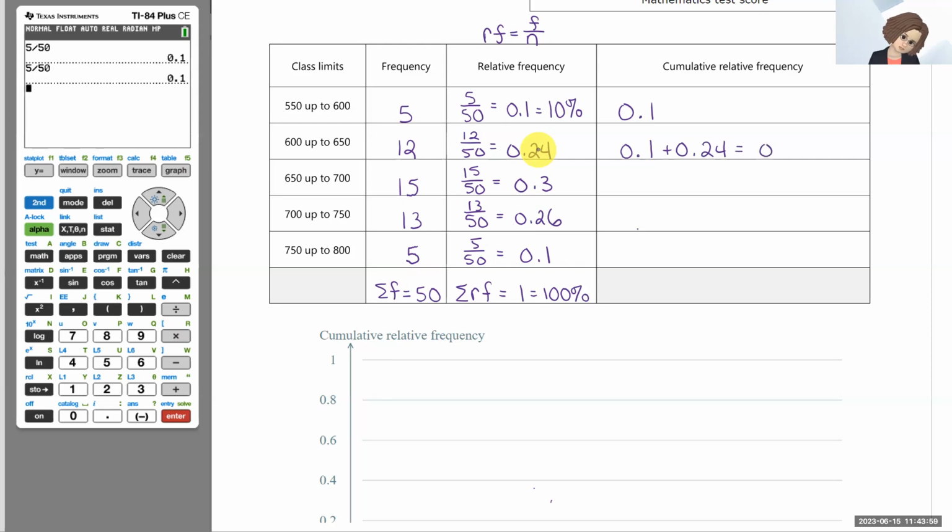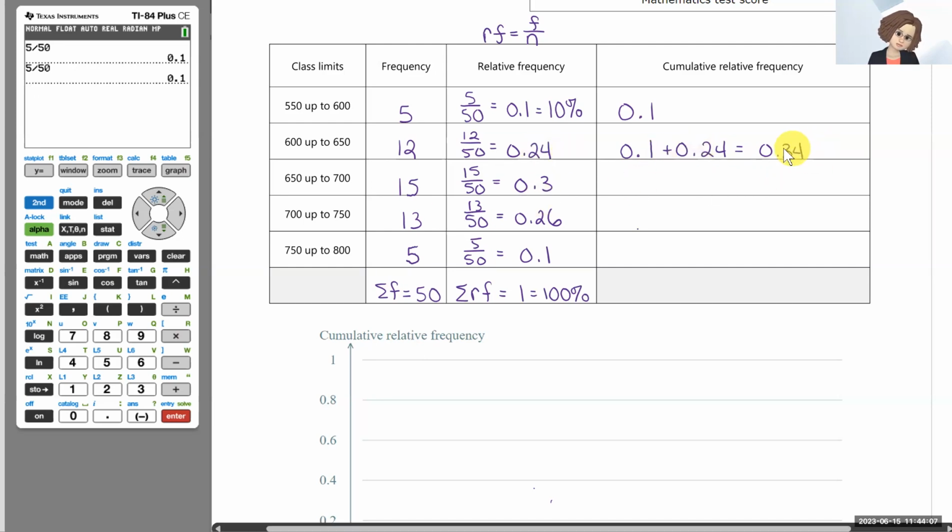That brings me to 0.34. So that's 34%. When we say cumulative, it means starting at the 550 and going up to 650. So 550 up to 650 would be a total of 0.34 or 34%.